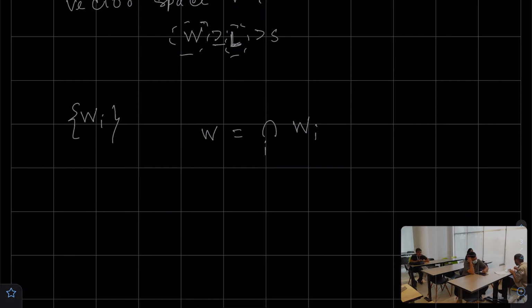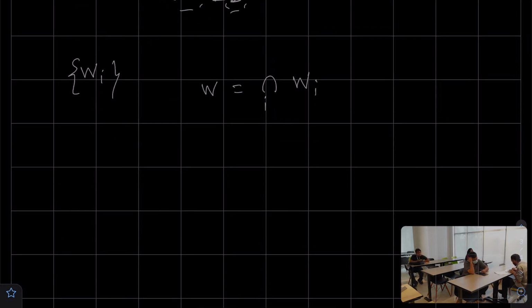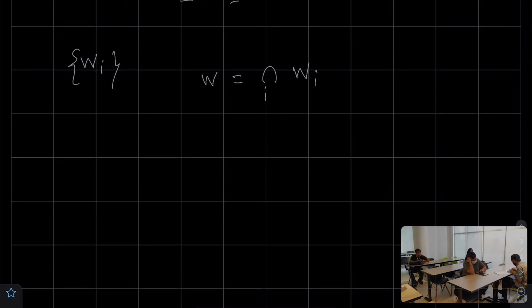From the definition, what we are considering is the span of the set S, right?